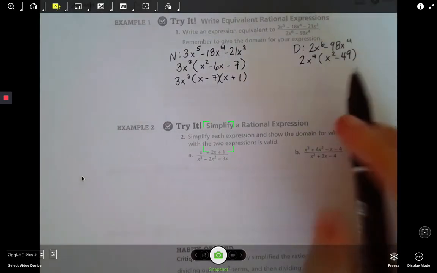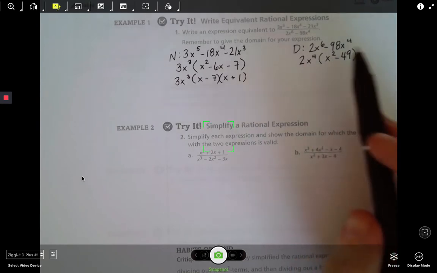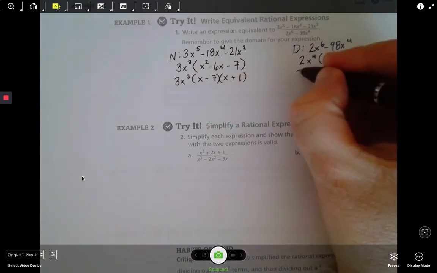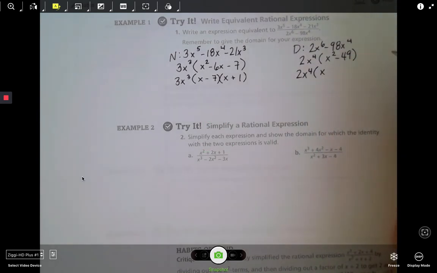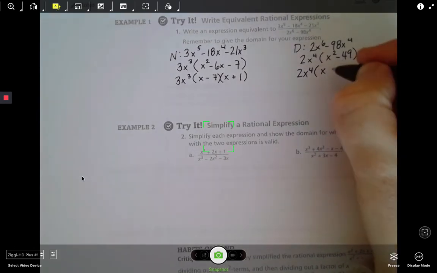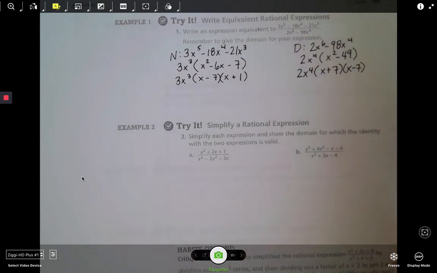When I see x squared minus 49, I know that's the difference of squares. What's the square root of 49? 7. So this becomes x plus 7 times x minus 7.